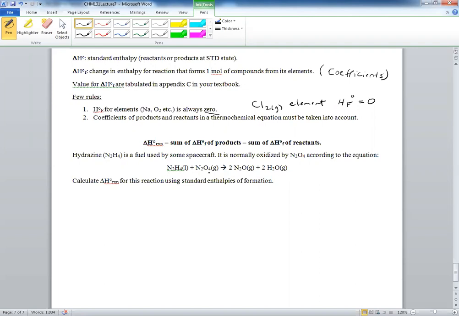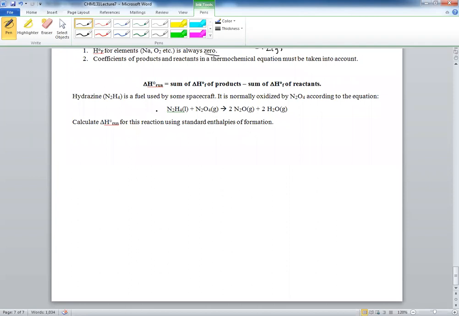So these are our reactants and these are our products. We pay attention to the coefficients. Calculate delta H of the reaction for this reaction using standard enthalpies of formation. So the first thing we need to do is go look up these numbers. So we're going to write them here on the side.